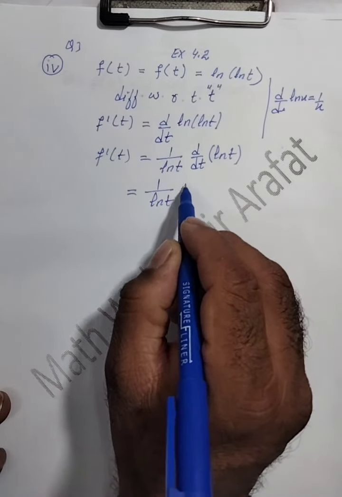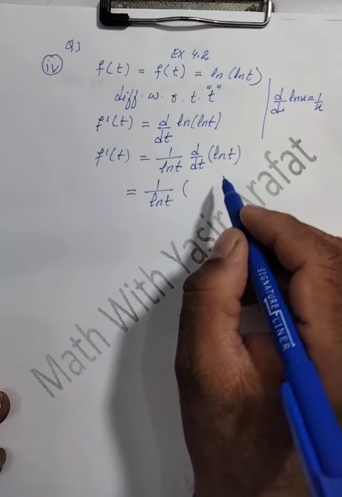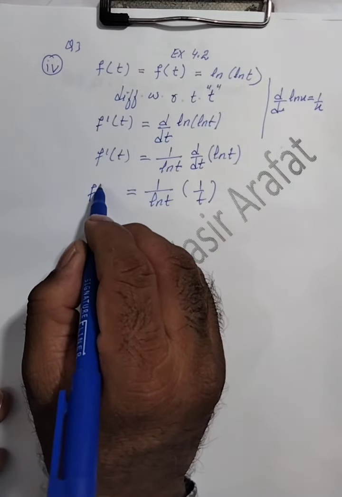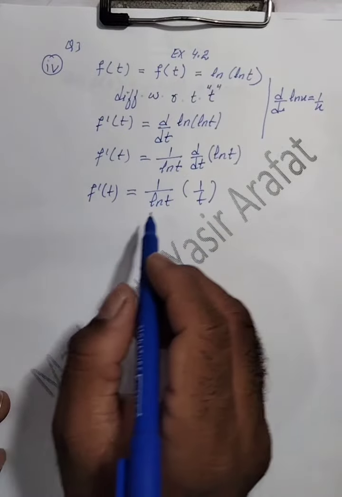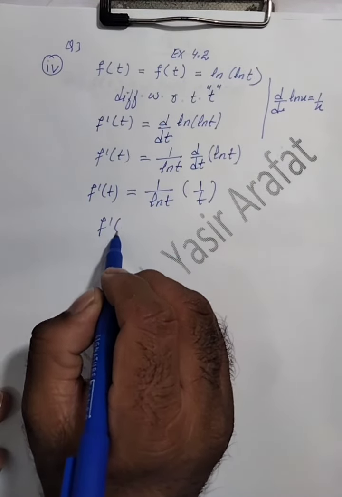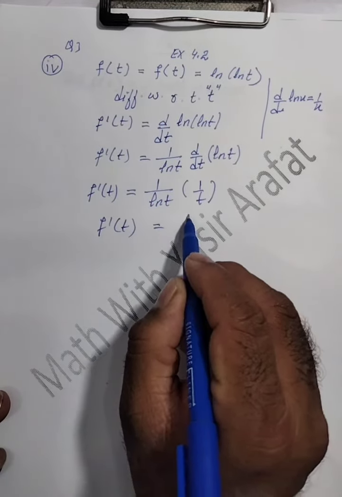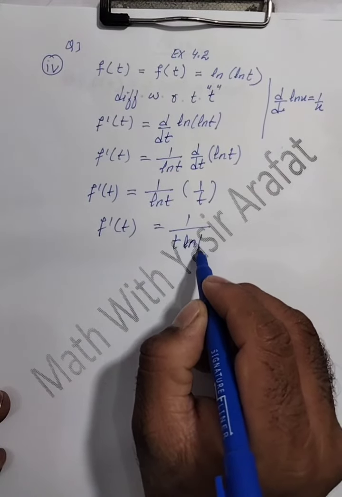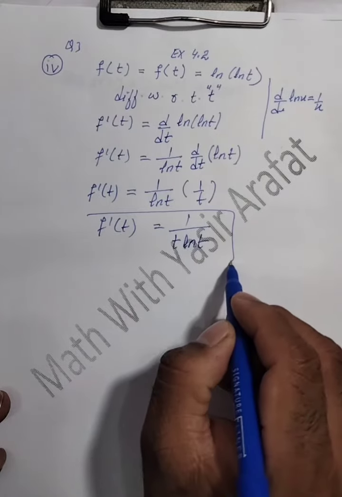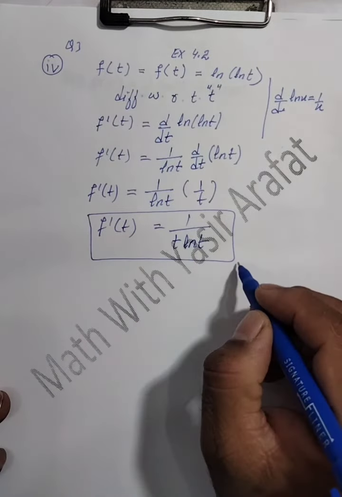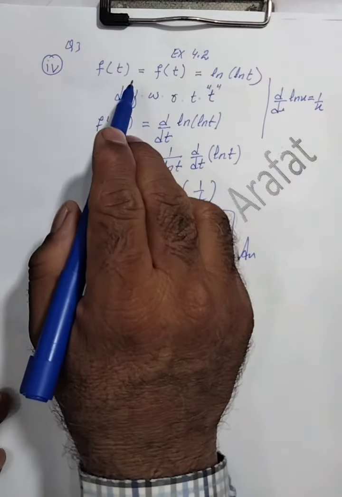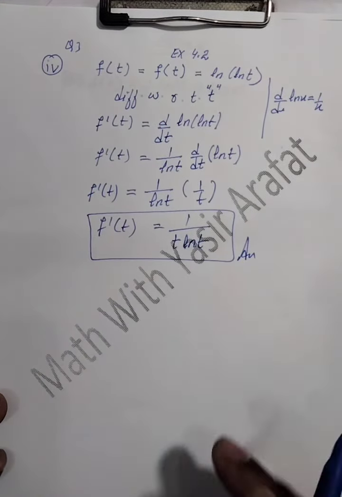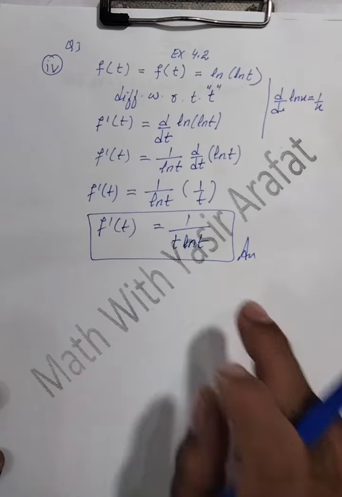So this is ln t, and now the derivative of ln t is 1 upon t. So this is the answer of this question. That is, f of t is equal to ln of ln t, and its answer is 1 over t times ln t.